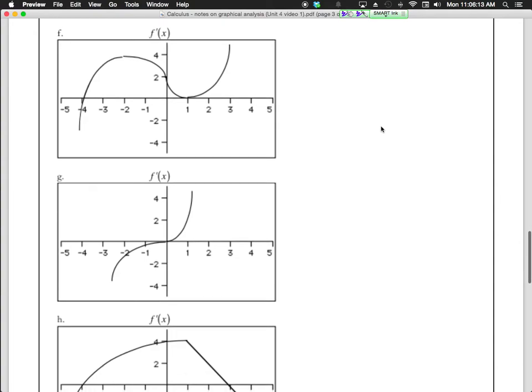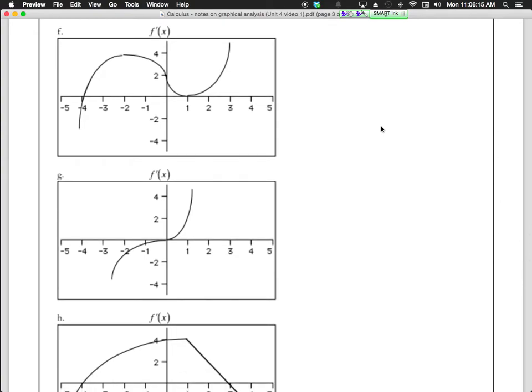Alright, Samantha, talk to me about F. The critical points are at -4 and 1. Then you have to look at the extremas, and it changes from negative to positive at -4, so that's a relative minimum.